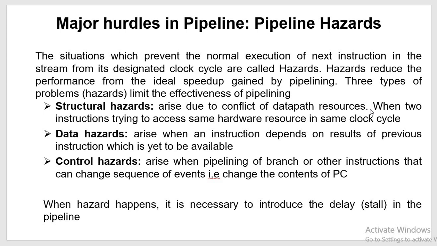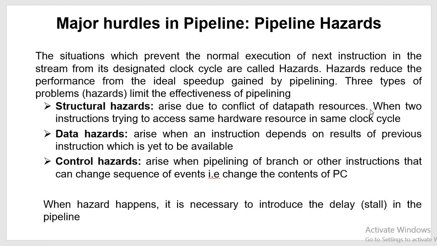So what is the structural hazard? The structural hazard arises due to a conflict of data path resources. Let's suppose that during the execution of a program, the processor has a data path or a resource, and two instructions are trying to access the same hardware resource in the same cycle. That is called a structural hazard.